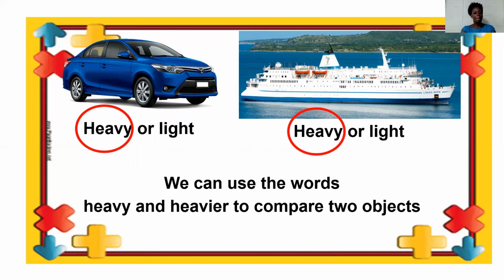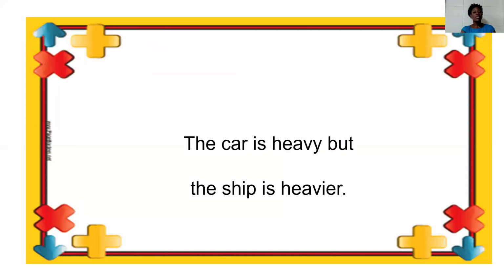So, how would we compare the car and the ship since both of them are heavy? We can use the words heavy and heavier to compare two objects. Therefore, the car is heavy, but the ship is heavier than the car.